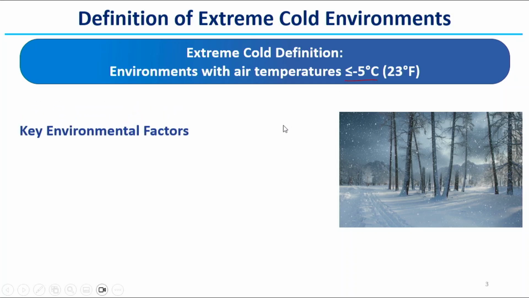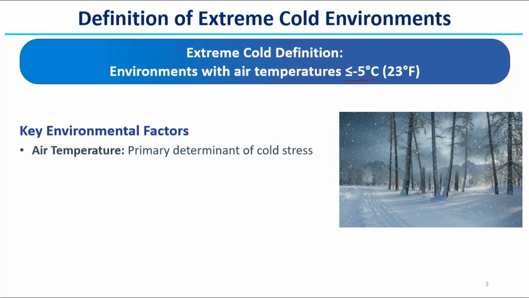So, key factors of cold environments are, obviously, first the air temperature. Air temperature is the primary determinant of cold stress. If the air temperature reduces, that means body heat will be released very quickly, at a higher rate.